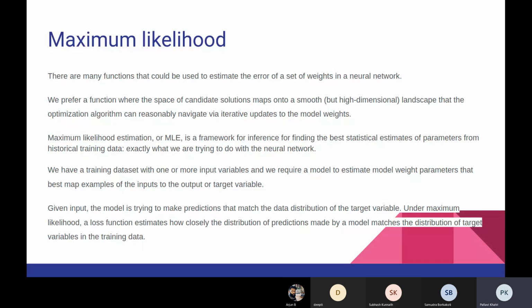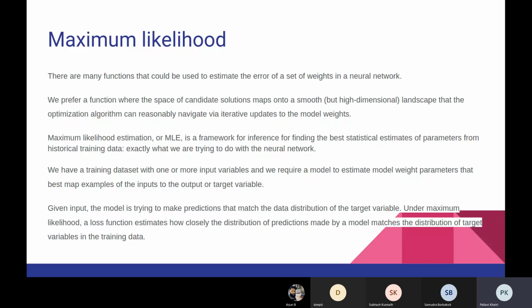Given an input, a model is trying to make the prediction that matches the data distribution of the target variable. Under maximum likelihood, a loss function estimates how closely the distribution of the prediction made by the model matches the distribution of the target variables in the training data.